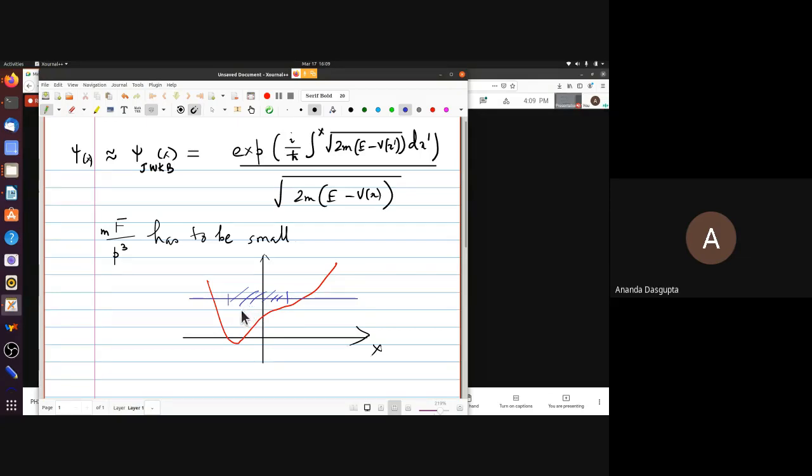Of course, the wave function will have varying wavelength. As you get closer and closer to this side, the wavelength is going to keep on increasing simply because the momentum keeps on decreasing. So you will have a wave function which sort of looks like this with the wavelength increasing. Okay, maybe I will just try drawing it a bit better.